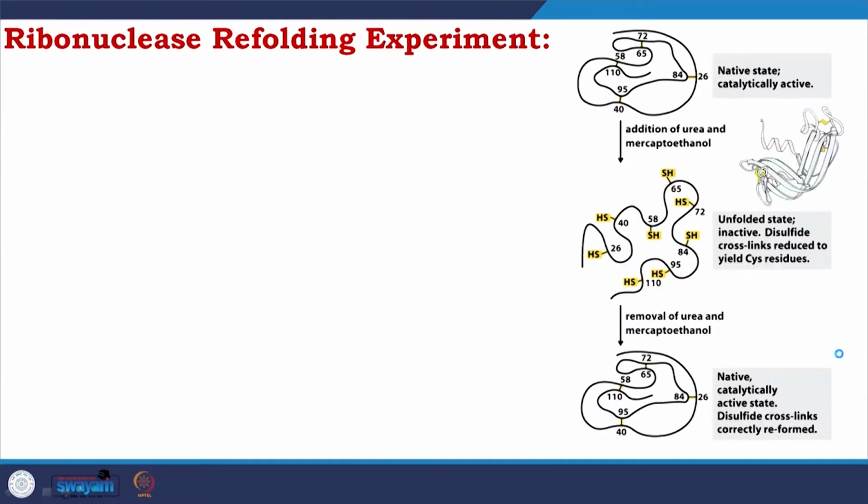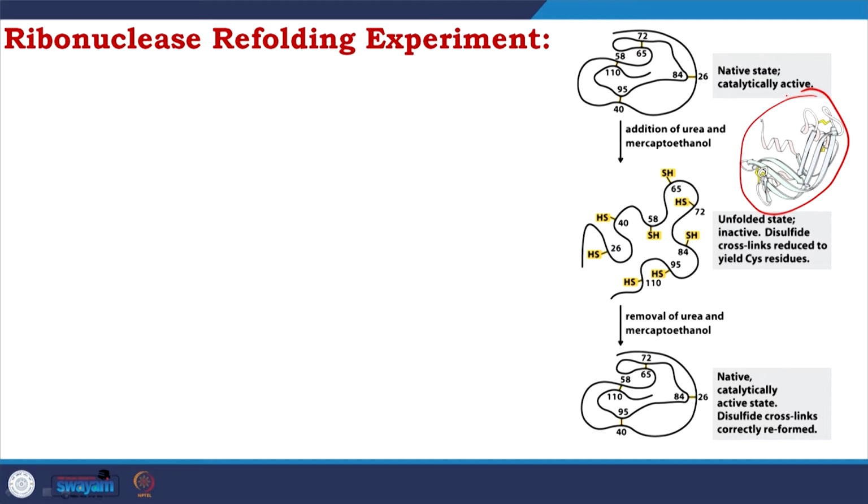Now, he performed an experiment called the ribonuclease refolding experiment. Ribonuclease is a protein which has alpha helices and beta sheets. Interestingly, the protein has several cysteines, around 8 cysteines.